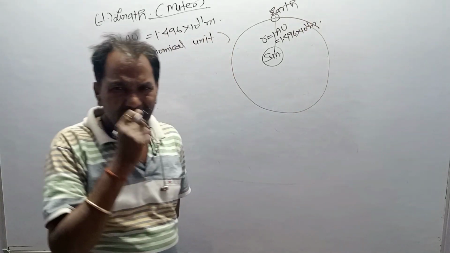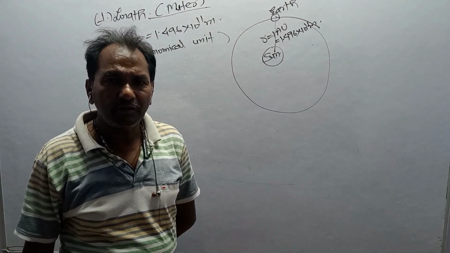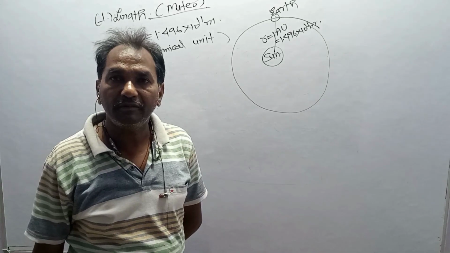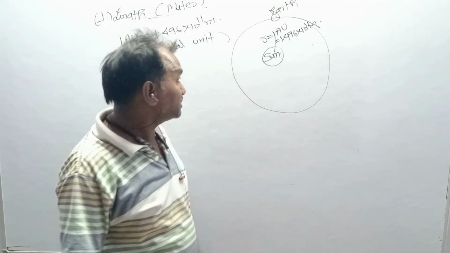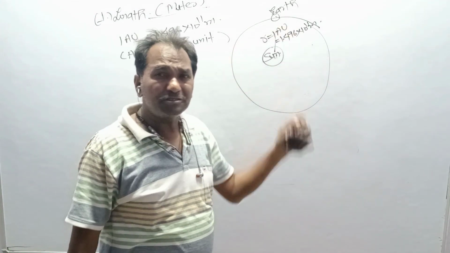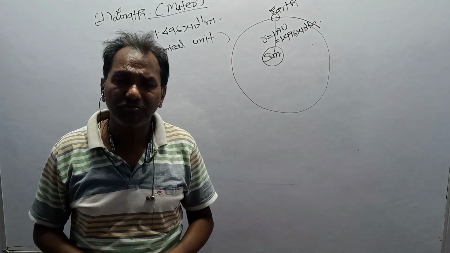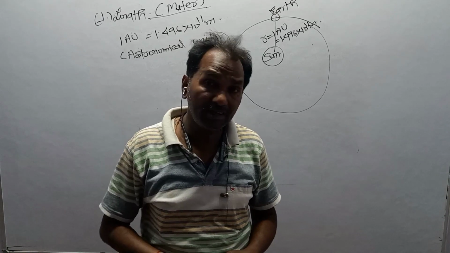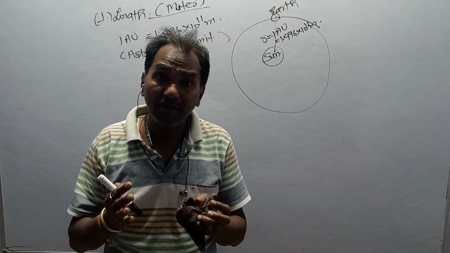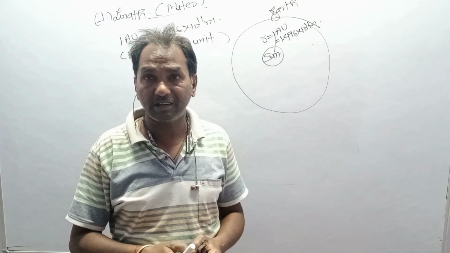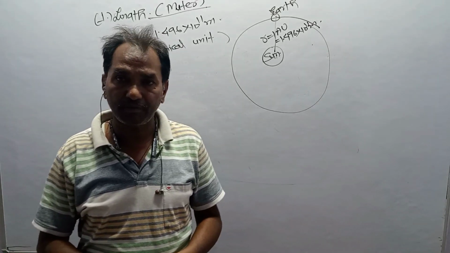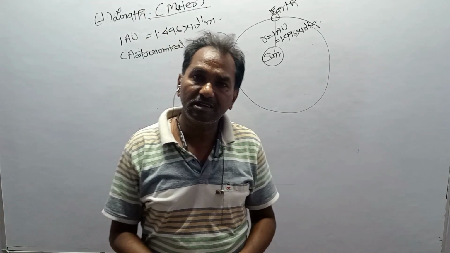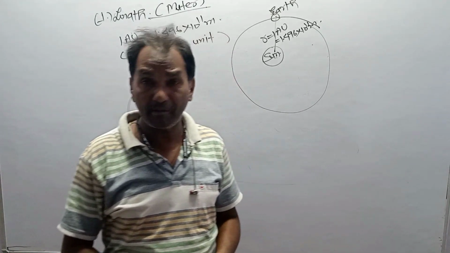Dear students, while you are studying the topic of gravitation, you will come to know that this orbit is not actually circular. Earth is not revolving in a circular orbit around the Sun, but the orbit is elliptical, and sometimes Earth is closest to the Sun and sometimes farthest from the Sun, and these two conditions are said to be perigee and apogee.